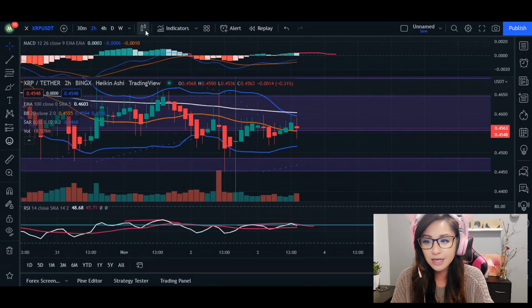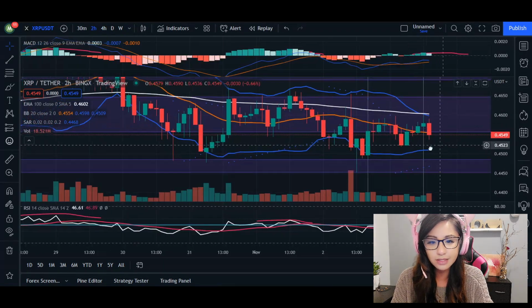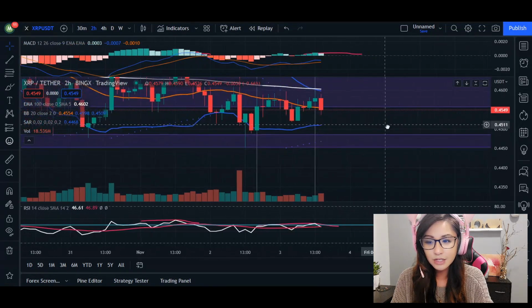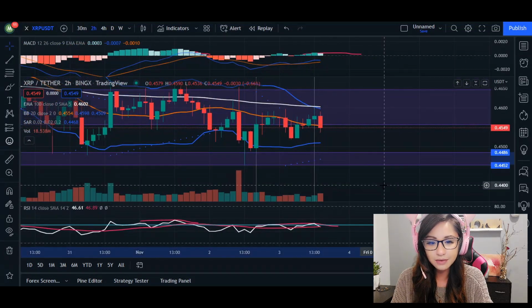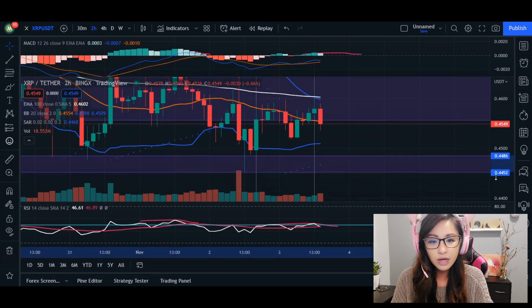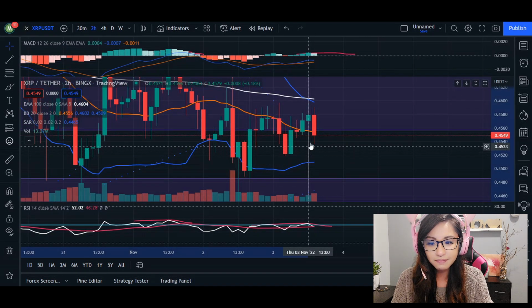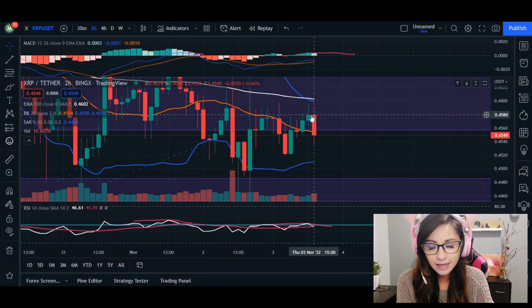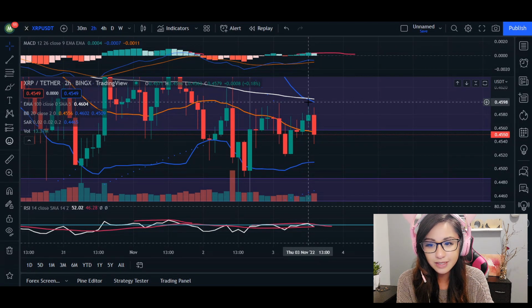In the 2-hour time frame, I'm going to change it to candlesticks here and see if there are any opportunities that we can see. I do predict, again, price is going to come back down here to the 44.52. We do see this high candlestick at the very top, an exhaustion of this uptrend, hitting resistance again.